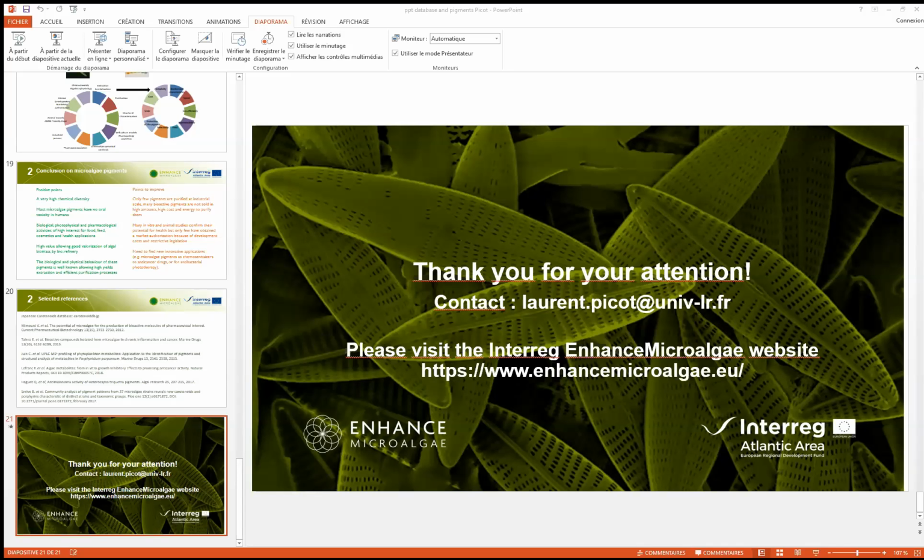Fucoxanthin is a very interesting carotenoid because it has anti-cancer activity, anti-metastatic activity, and it is already sold as a nutraceutical, as an anti-obesity compound. But the pharma market is not really developing this kind of compound at the moment.